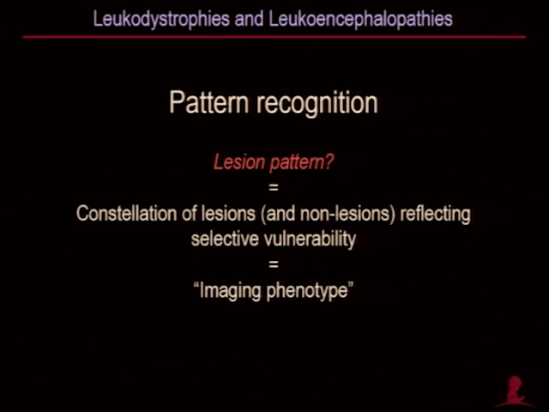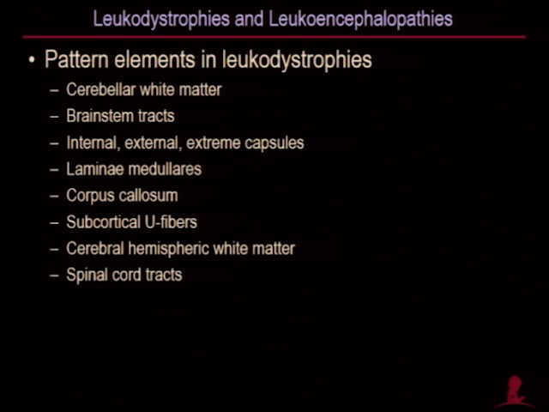So some structures are vulnerable, others may not be, and this creates some sort of a gestalt, and a constellation, which may be helpful for imaging diagnostic purposes. And these differences reflect selective vulnerability between different structures, versus selective resistance of some others to the same noxious effect, for example.